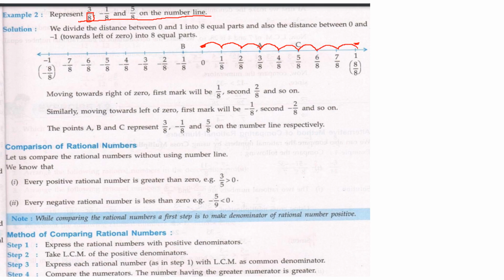Why 8 parts? So that 8 by 8 is actually your 1. Same way on the other side, for your minus 1 you will have 8 parts, and then easily you can locate 3 by 8 is your A. They have given a name A to the point 3 by 8, B to the point 1 by 8 and C to the point 5 by 8.